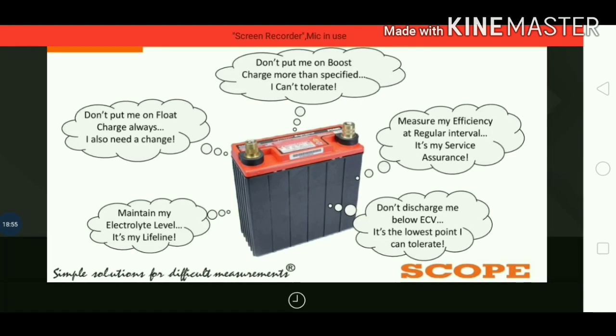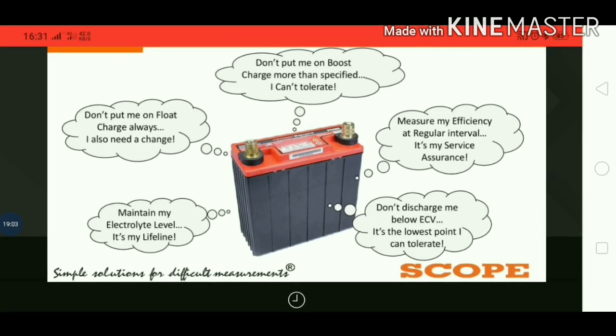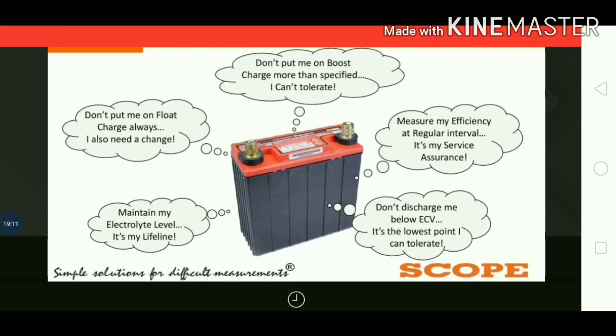Now, what are the do's and don'ts? If we consider the battery as a living being, it always has needs. You need to check the electrolyte level of the battery, because if the electrolyte level is going down, then the battery will be dried out.